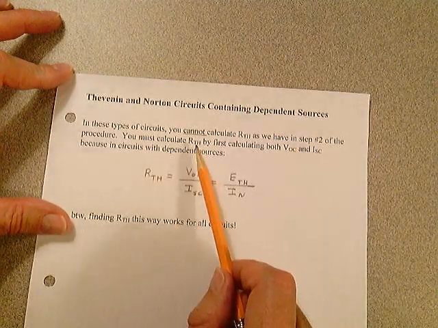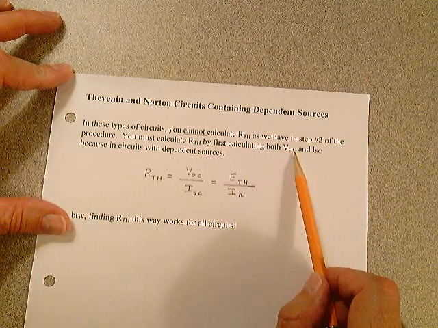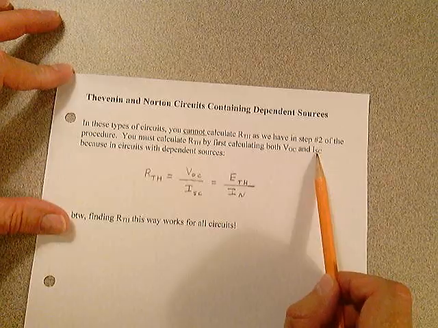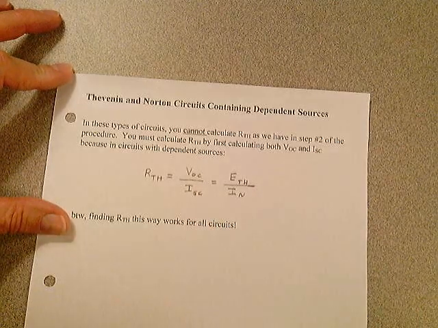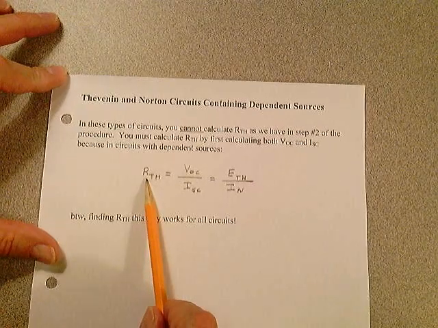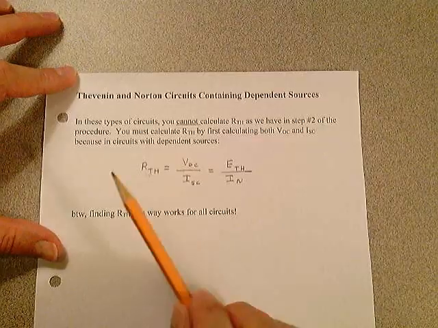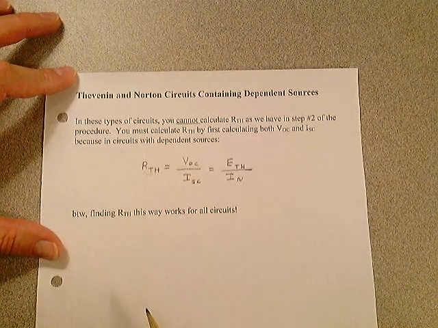You must calculate R Thevenin by first calculating both the open circuit voltage and the short circuit current, and then forming that ratio to find the Thevenin resistance. In this course, it's the only way you're going to know how to find the Thevenin resistance.